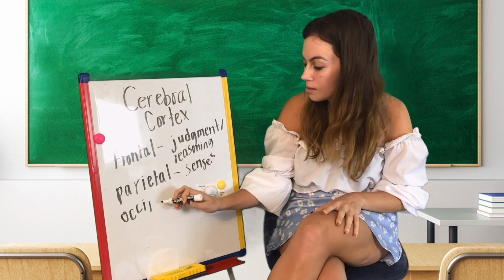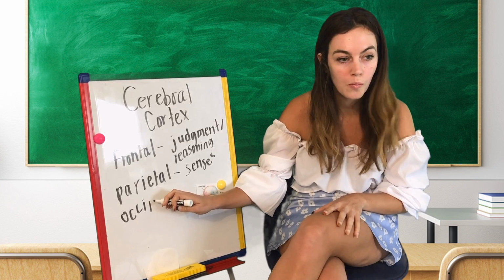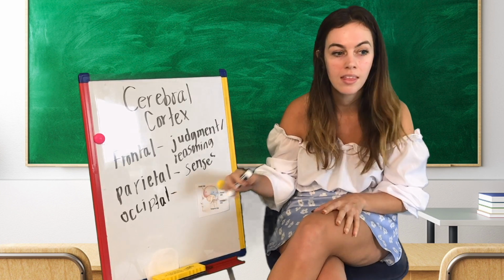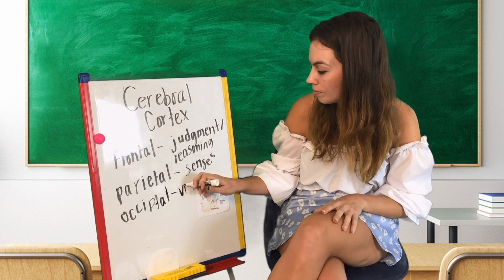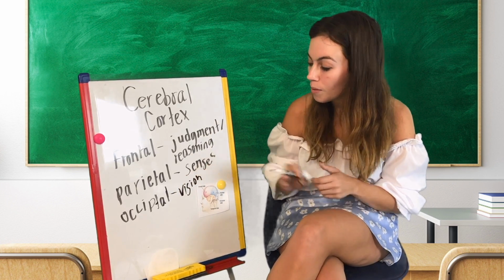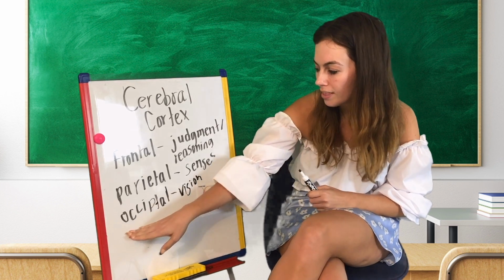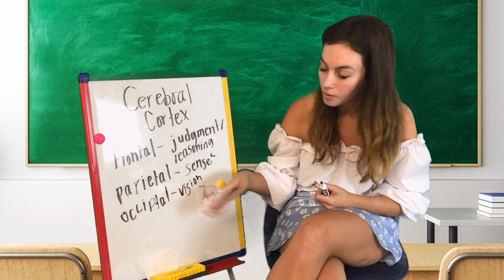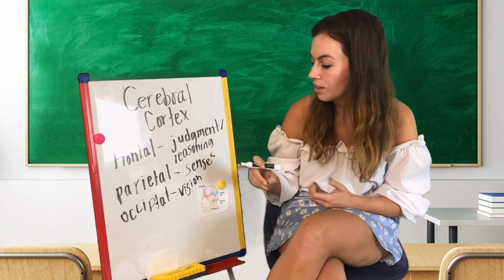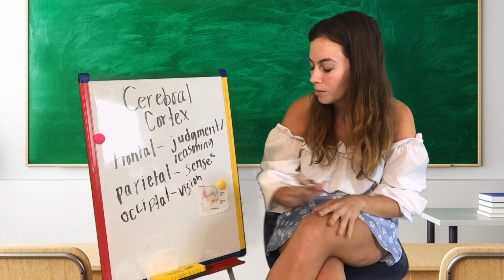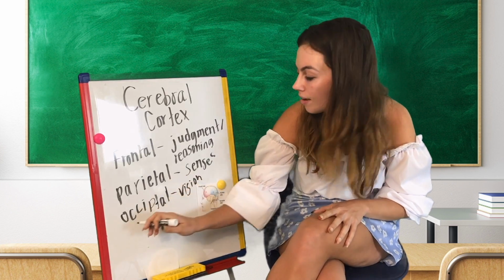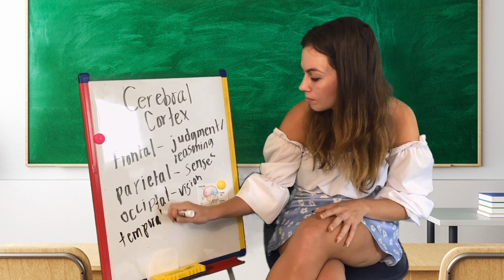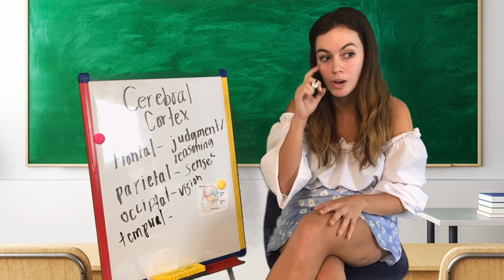With the occipital lobe, it's going to help with your vision. I remember that because the word reminds me of the eye doctor, for some reason. And then we have the temporal lobe, which is going to help with your hearing.